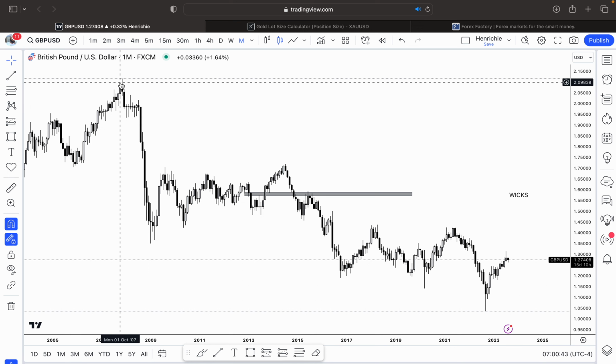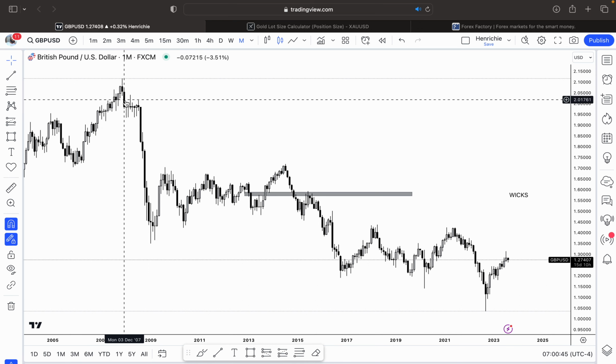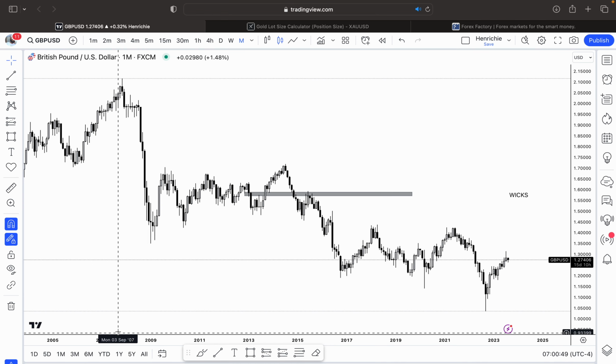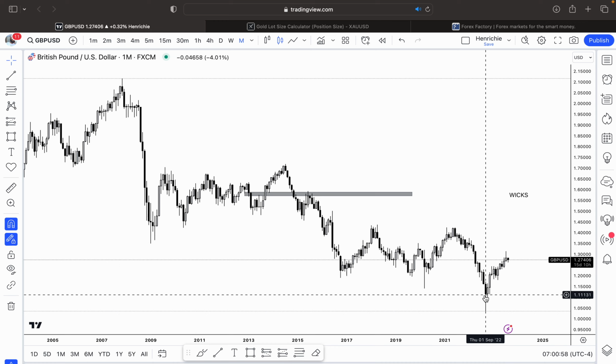So every single one of these candlesticks is 1 month of price movement. And if you look down here, you can see 2007, 2009, 11, 13, 15, 17, 19, 21, 23. This candle is for September. The next one is for October. Next one, November, December, January, February, March, April. And that is because I'm on the monthly time frame.